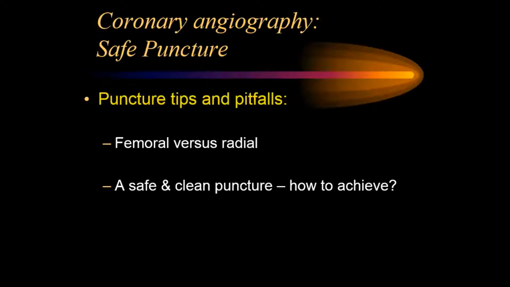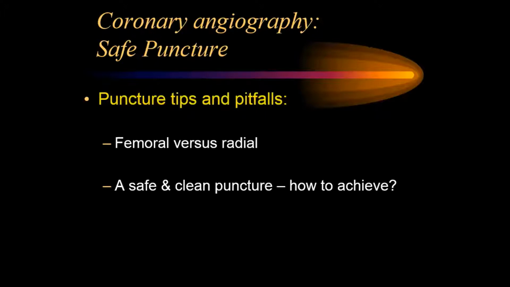And for a variety of reasons, radial route is safer in terms of vascular complications, but it can be fairly more challenging specifically if you're not quite used to doing radial procedures.